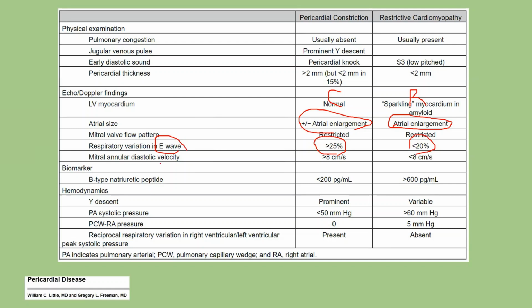And the mitral annular diastolic velocity, here we mean the medial, tends to be high in constriction and low in restriction. Now, B-type natriuretic peptide tends to be higher in restriction than in constriction, because this is a stretch marker and the heart is more stretched in restriction than in constriction.